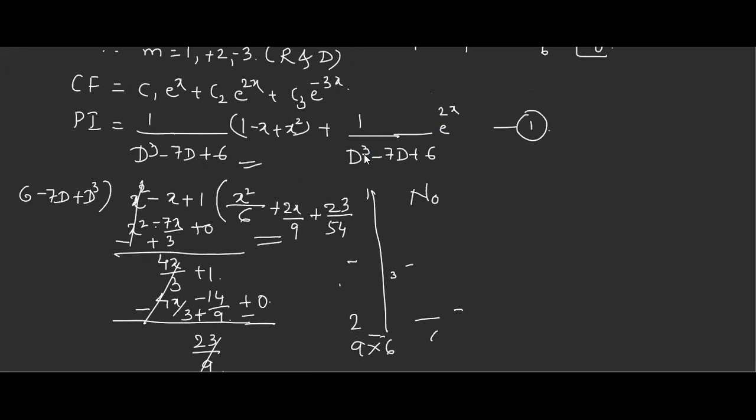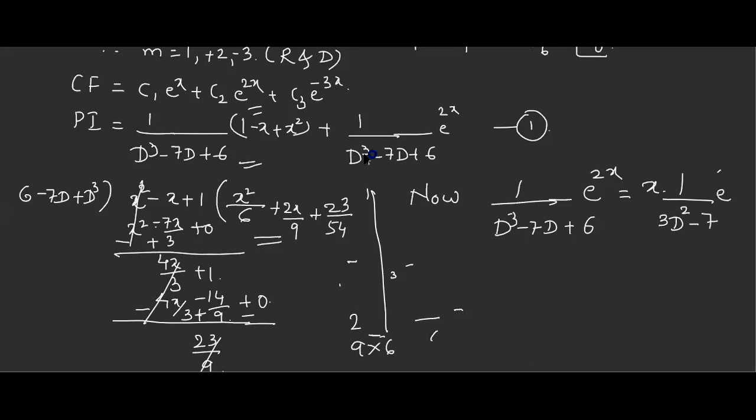Now 1 upon D cube minus 7D plus 6 operating on e raised to 2x. Tell me, is it going to be 0? Is 2 a root? 100%. Yes, ma'am. So once you have to go for a simplification, what is that? Multiply by x and differentiate, no? What is the derivative of D cube? 3D square minus 7, correct?